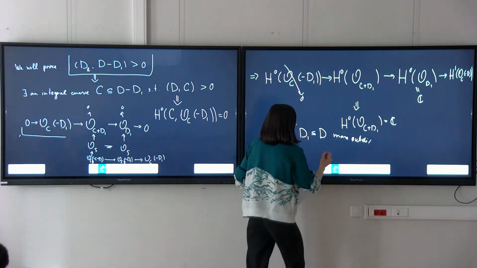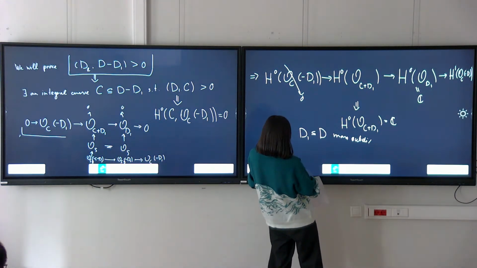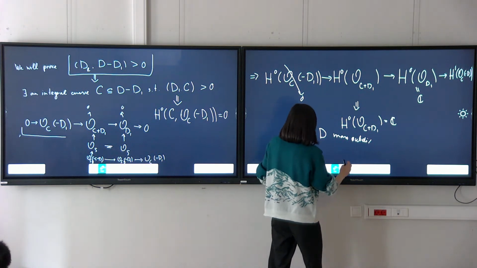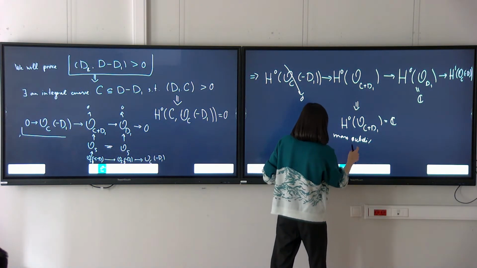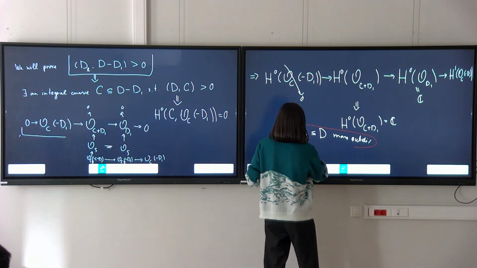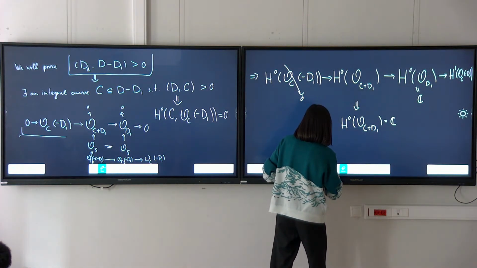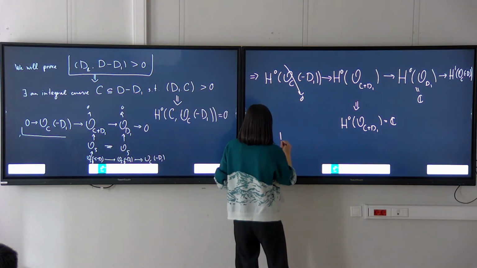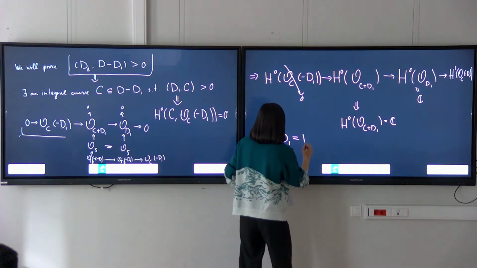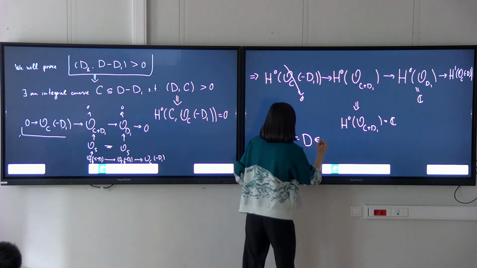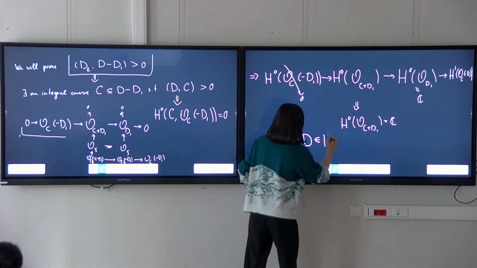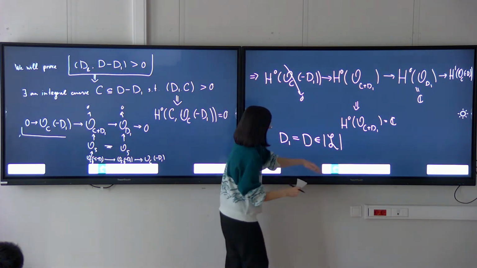So from this maximal subdivisor, we obtain that D1 is in fact equal to D that belongs to our linear system L.